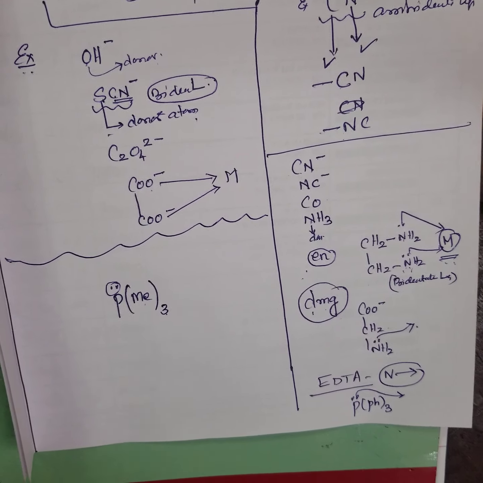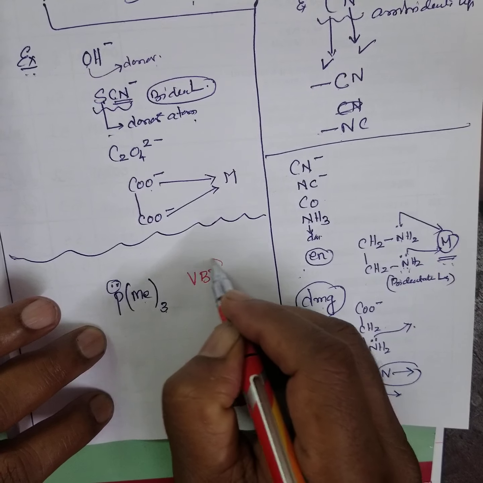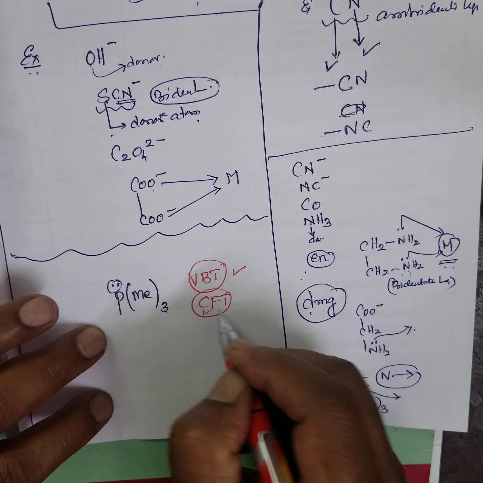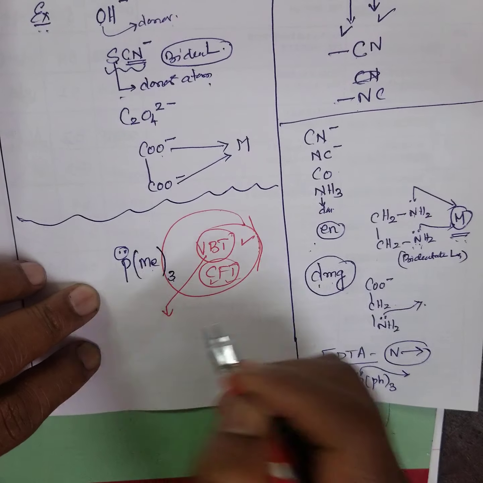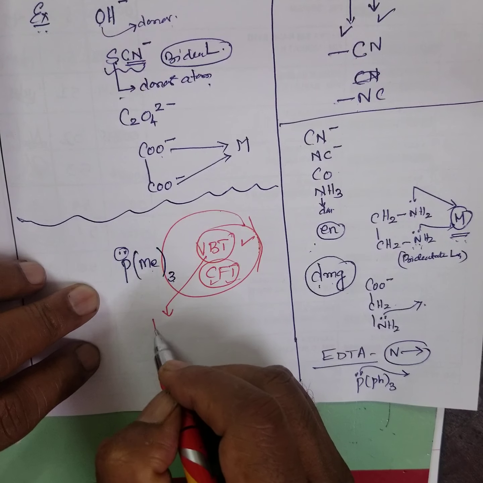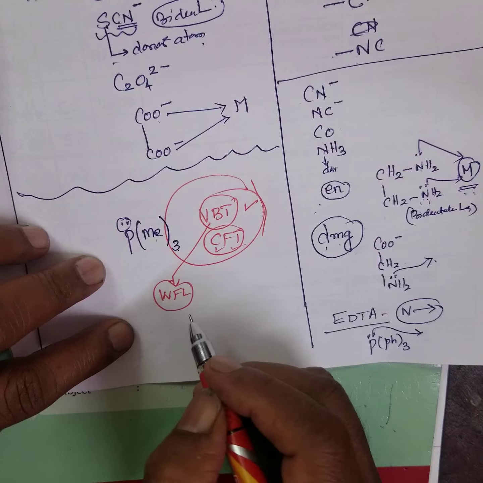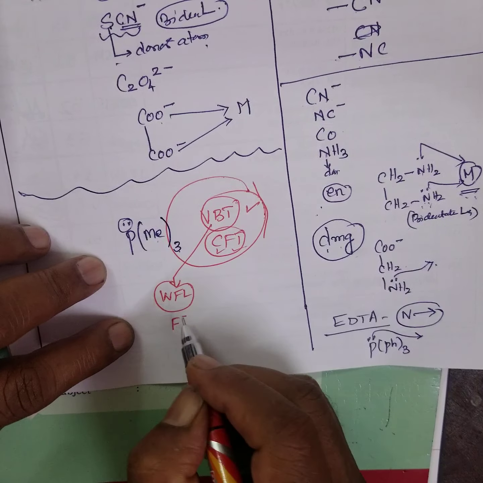See why we are using VBT, valence bond theory, and CFT, crystal field theory. There we are going to use it. In valence bond theory, we are going to have weak field ligands. There I am going to choose two, right? Halogens, fluorine or chlorine or bromide, whatever.